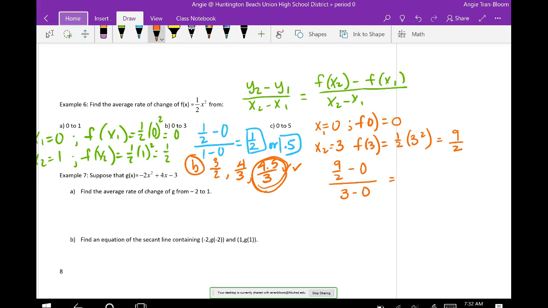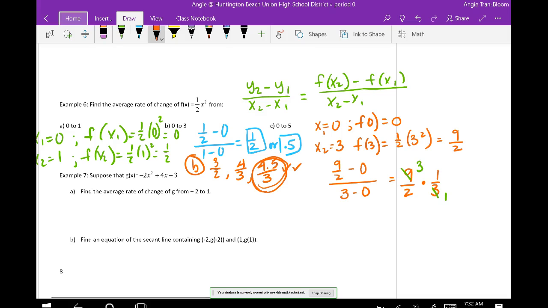You have 9/2 divided by 3. What are you going to do when you divide fractions? Multiply by its reciprocal. So 9/2 times 1/3. Is it possible for me to reduce before we multiply? Yes. 9 and 3, I would have 1 here and 3 here.